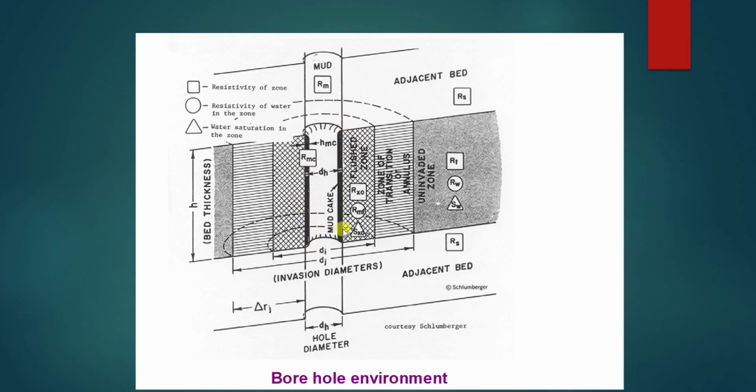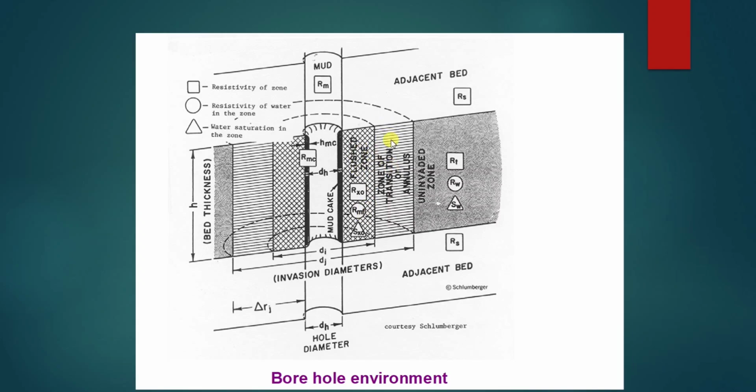Some of the mud is pushed into the layers of the formation, which we call the flush zone, and whatever material is inside, like water, oil, or gas, is pushed back. That is called the zone of transition. In this you have a mix of the mud coming from outside and the material which is already inside, like oil, gas, or groundwater.